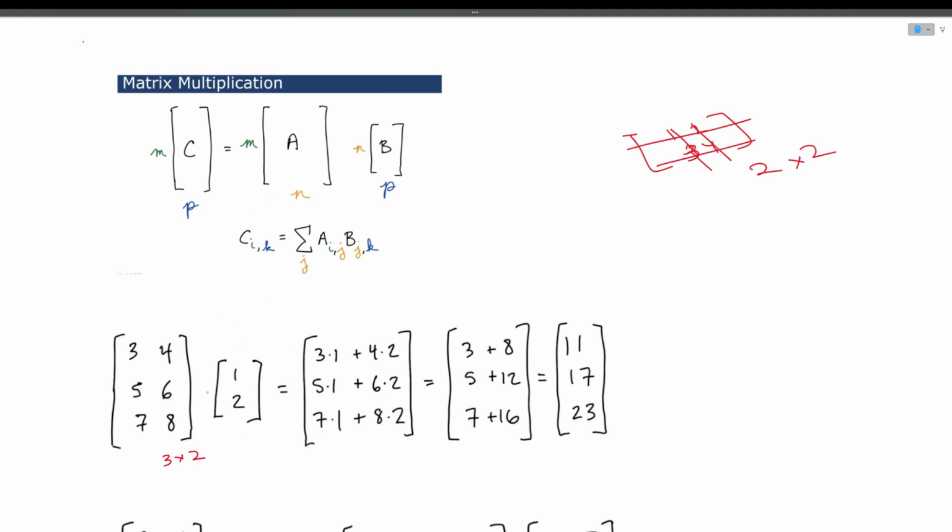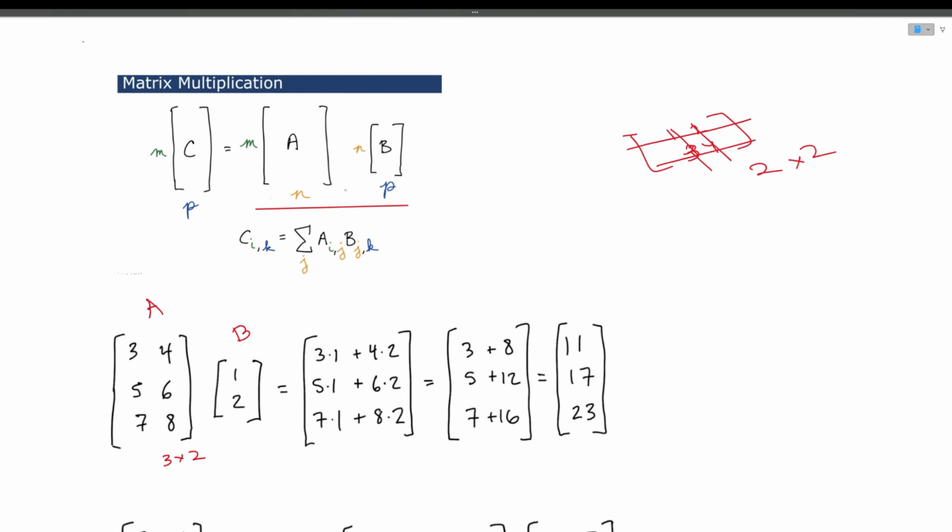Here you can see this is our A matrix and this is our B matrix. That is the rule to go for the multiplication. If that doesn't fit in, we can't multiply, so forget about it. Now I'm going to check this.